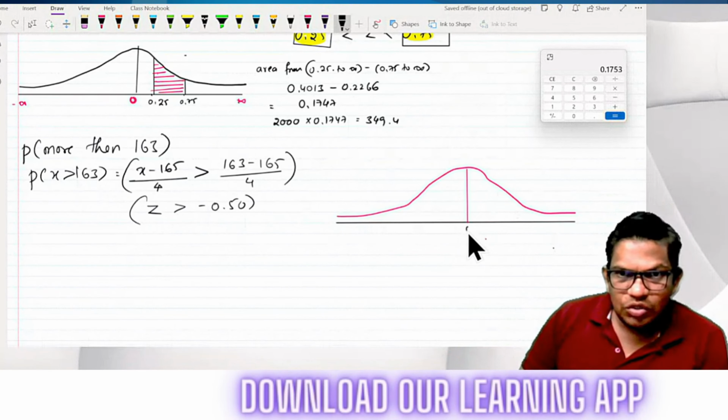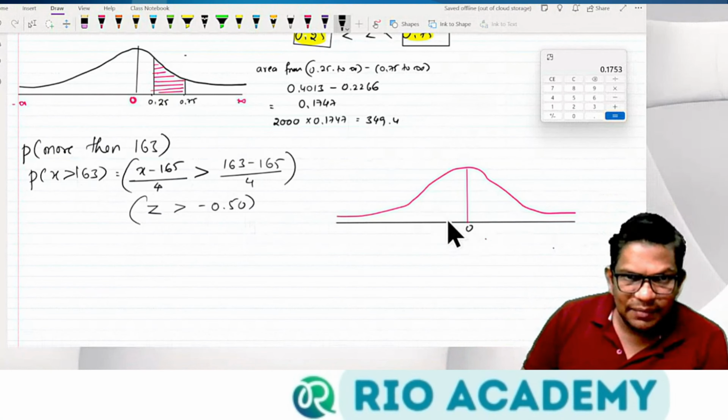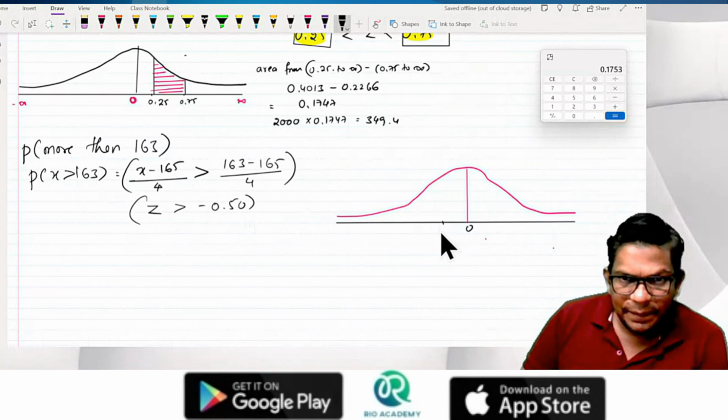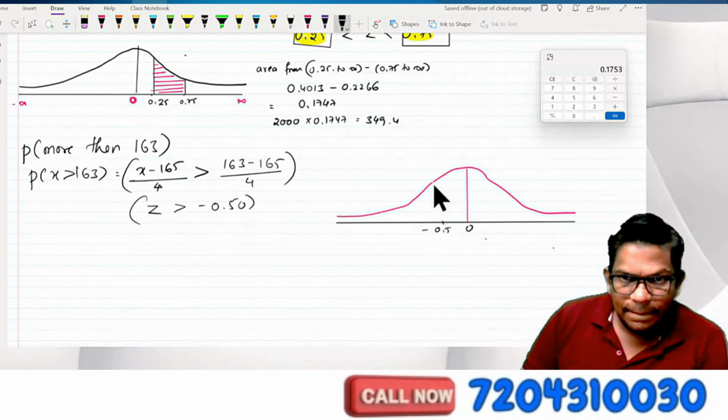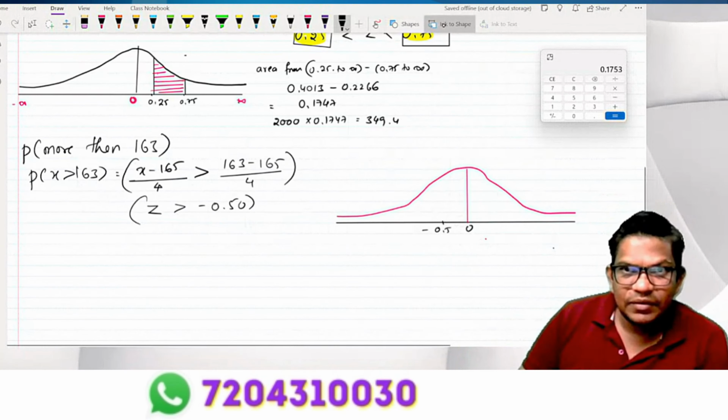So guys, this is your 0 and it has a minus value, which means somewhere here. Correct? Yes or no?